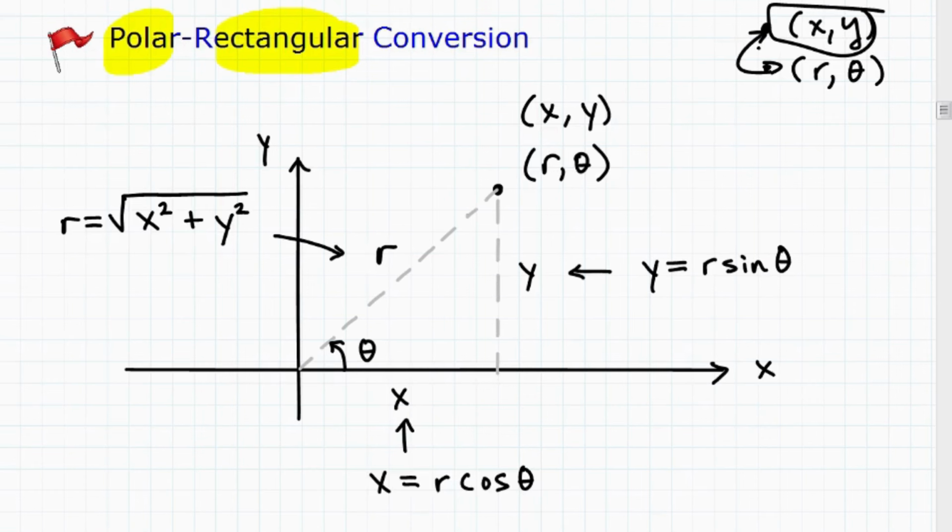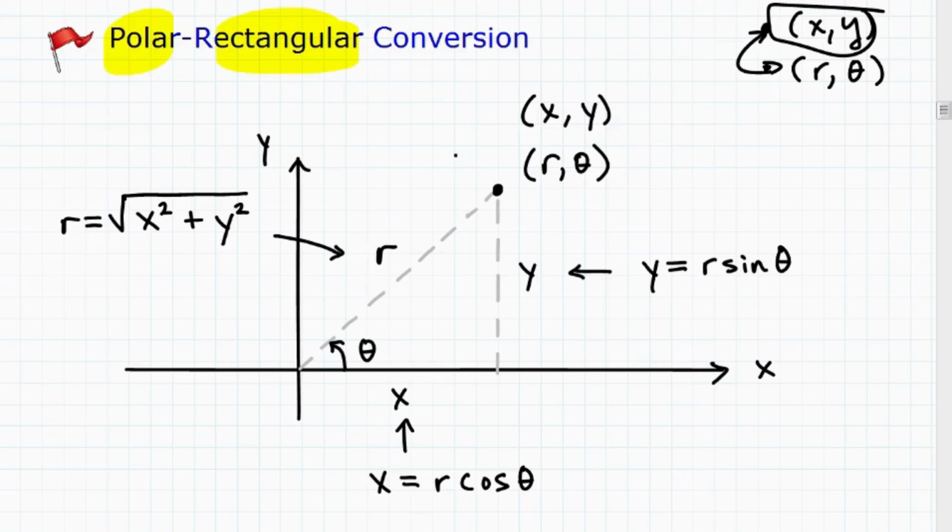So let's take a look at this particular point. On an XY Cartesian plane, that point was obviously at x and y. But if I want to describe it as a polar coordinate, I would start on the x-axis, which is my polar axis, and go clockwise this many degrees.